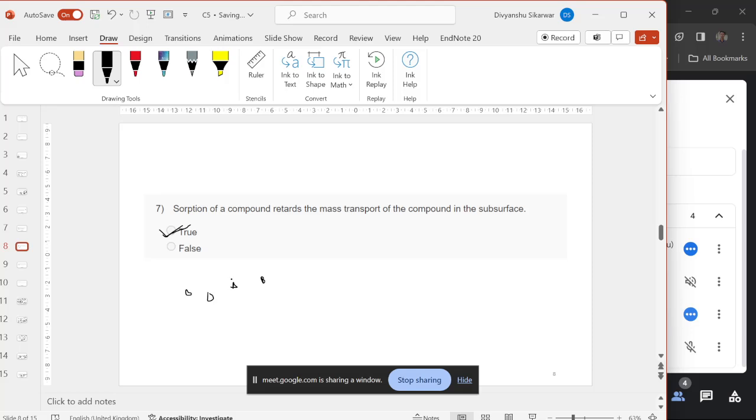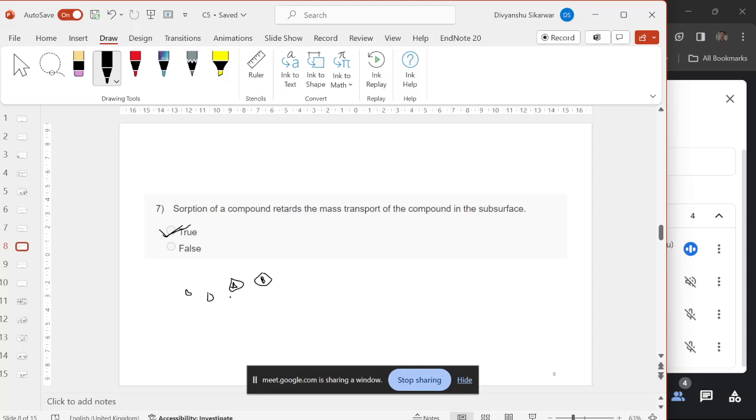If we have two compounds A and B, and compound B has more ability to get absorbed on the surrounding material, then compound B will feel more attraction or resistance passing through that material.